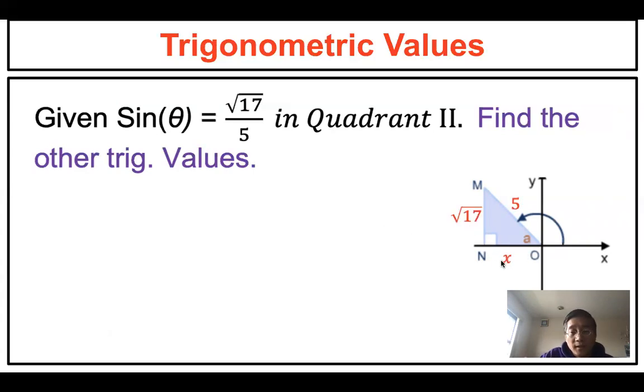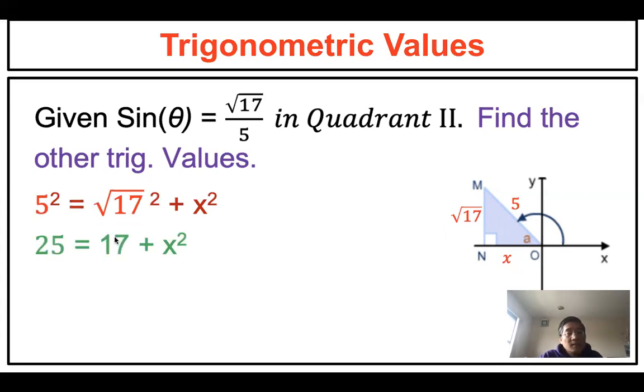So x squared plus radical 17 squared is equal to 5 squared. You set up the Pythagorean theorem, right? What is 5 squared? 25. Radical 17 squared is 17, since square and square root cancel, right? And then what do you do? Move 17 here. What do you get? 25 minus 17 is x squared.